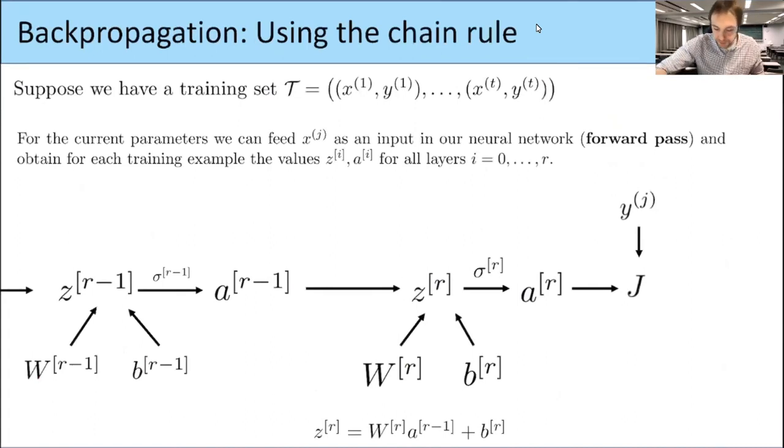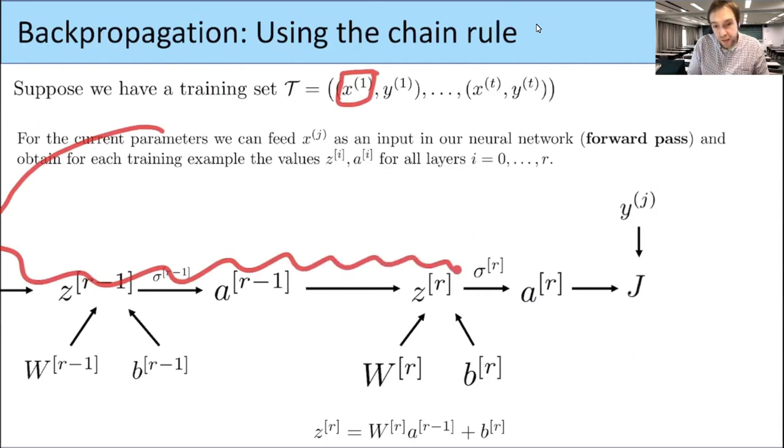So the main idea was the following. We have some training set, and given some input and some current values for W and B, we can put this input into the neural network, and then we get an output AR.